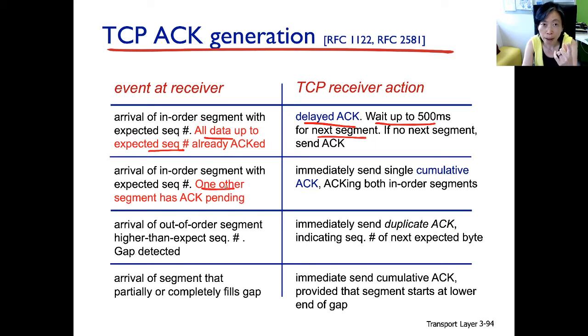When there is a back-to-back packet coming in and there is already one data packet that is supposed to be ACKed, but the ACK is pending, which means it's waiting for the 500 milliseconds, then we immediately send one ACK, and this ACK carries the sequence number of the later segment. And because the ACK is cumulative, when that ACK comes back to the data center, it's going to clear both this packet and this packet.